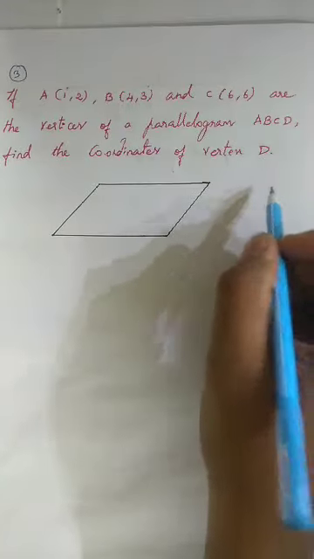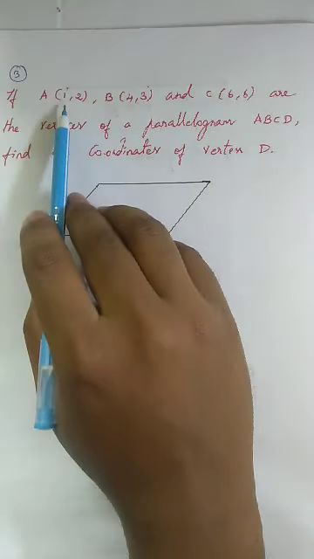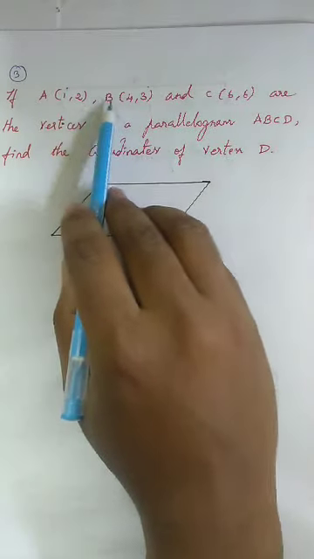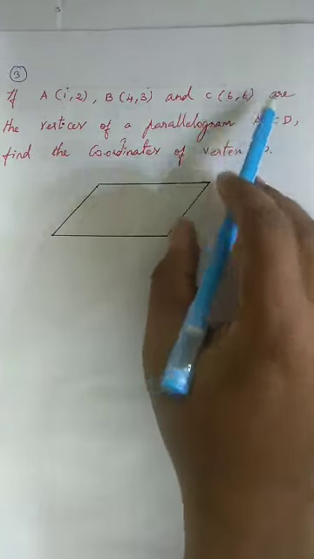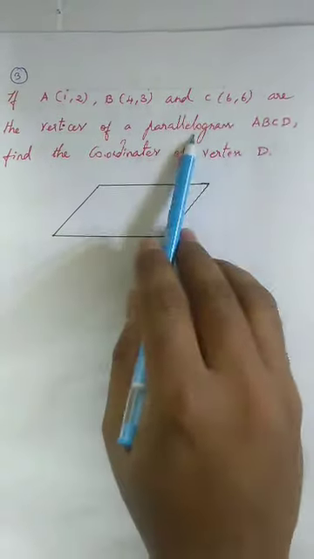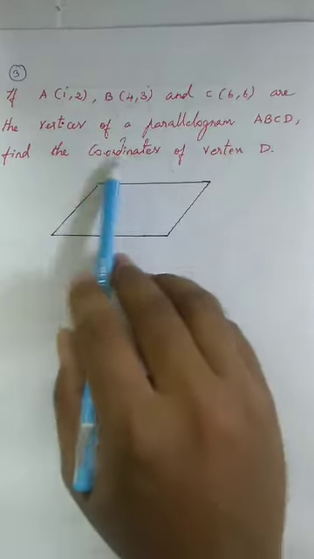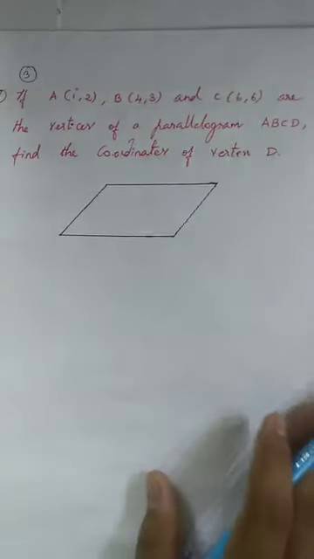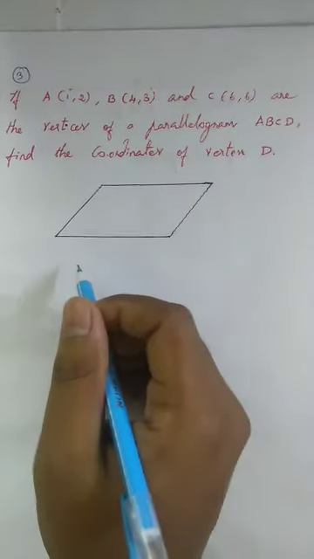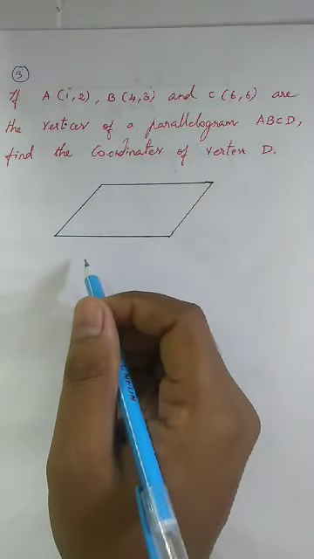Question number 3: if A is 1 comma 2, B is 4 comma 3 and C is 6 comma 6, and these are the vertices of a parallelogram ABCD, find the coordinates of vertex D. First we have to draw a parallelogram, then mention the vertices.